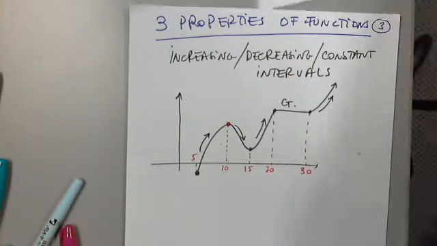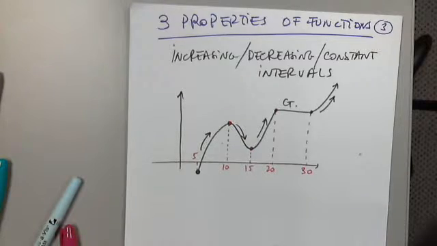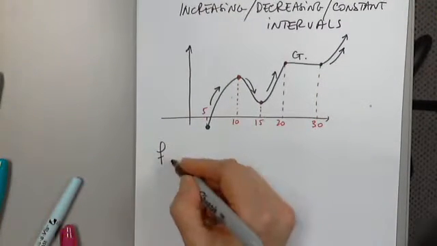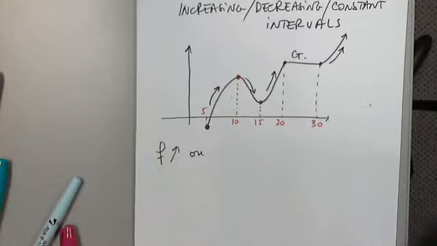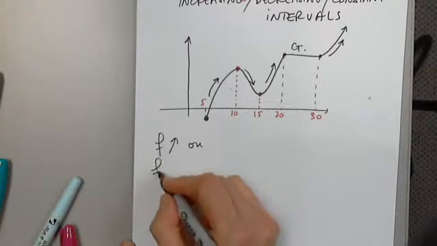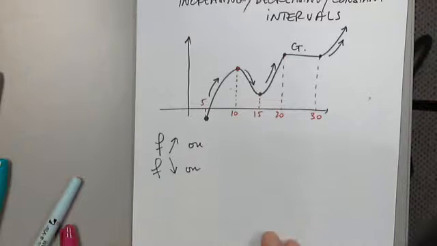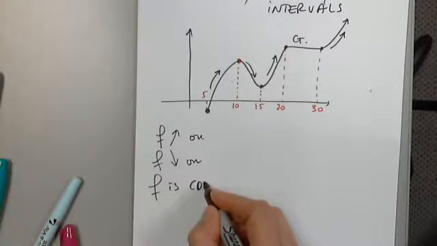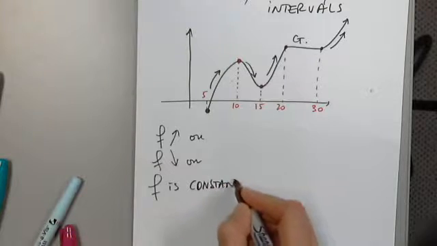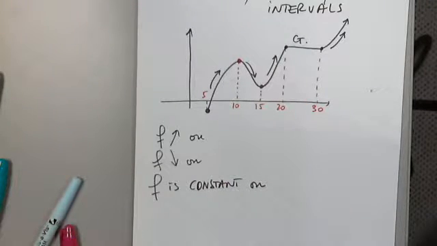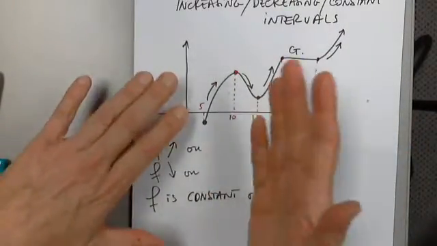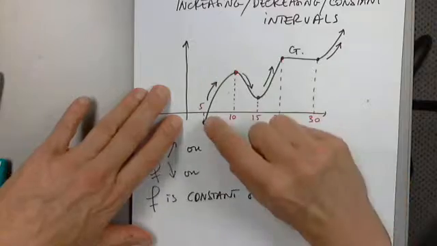We will be asked to find these intervals. So here is how I write that f is increasing on, and we'll write the interval in a minute. F is decreasing on, we'll write the interval in a minute, and f is constant on the interval. Okay, so obviously I see that the function is increasing on three different pieces.